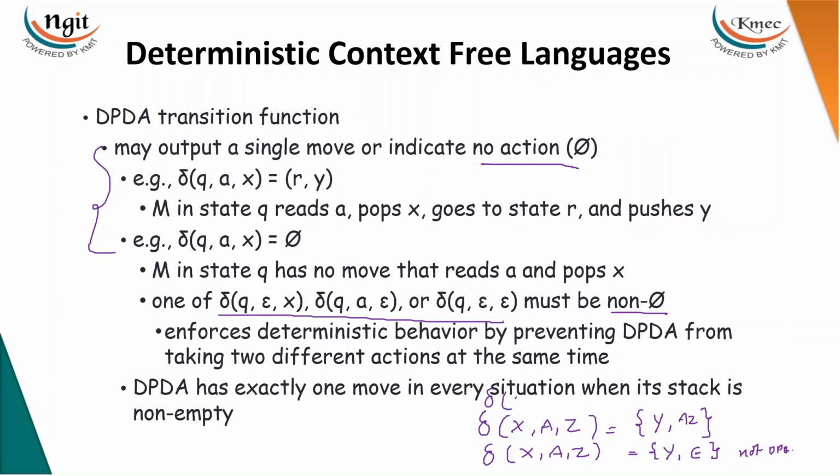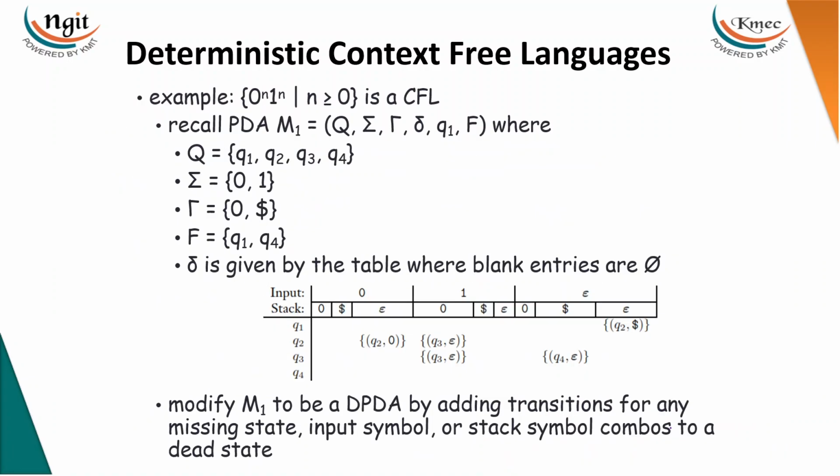Or if you are having the same situation but going to a different state by performing the same operation, that is also not a DPDA. Same state, same input symbol, same top of the stack: you must go to one state by performing one operation. Going to different states is not a DPDA. Performing two different operations is also not a DPDA.